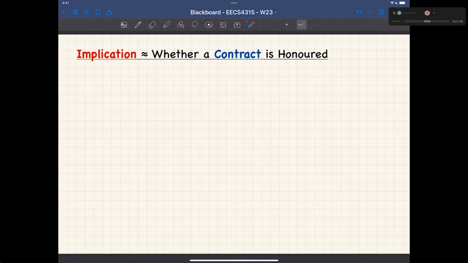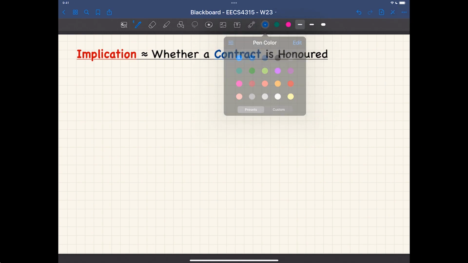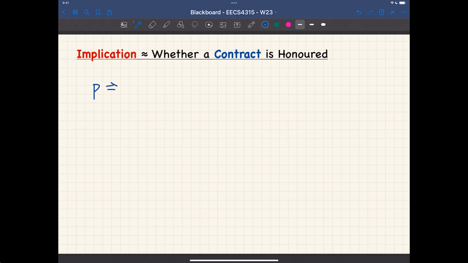When we talk about implication, if I got, let's say, P implies Q over here, you can think of P as something that's promised. Promise term. For example, let's say salary should be paid. Certain salary is actually promised when you sign a contract.